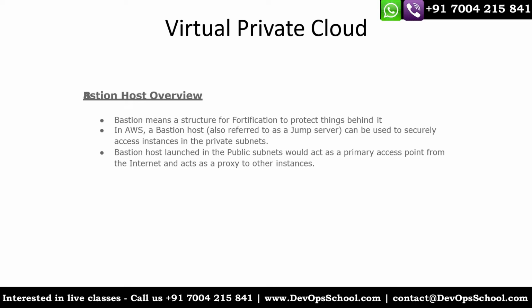Bastion means a structure for fortifications to protect things behind it. So in AWS, a Bastion host, also referred to as a jump server, can be used to securely access instances in the private subnet. A Bastion host launched in the public subnet would act as a primary access point from the internet and act as a proxy to other instances.